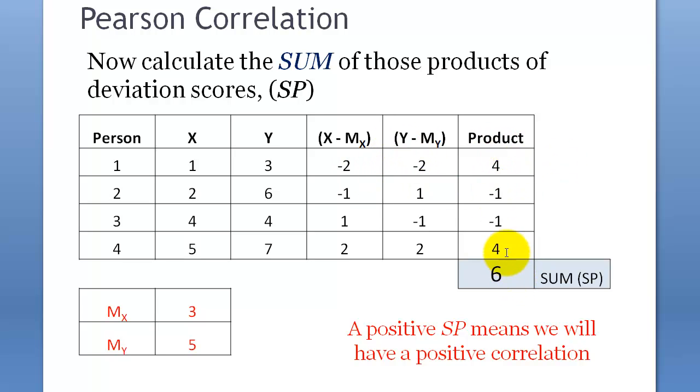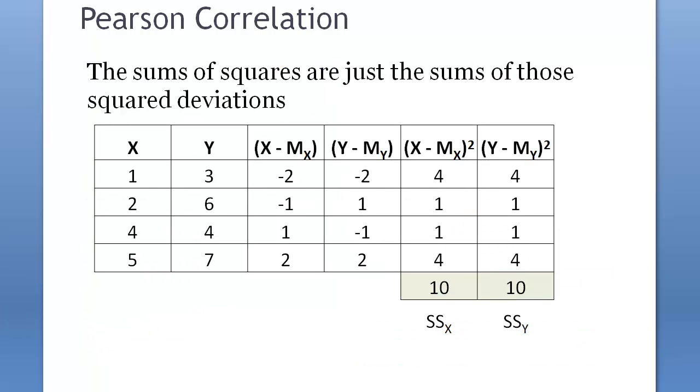That's what it did. On the other hand, sum of squares is deviation from x, deviation from y.